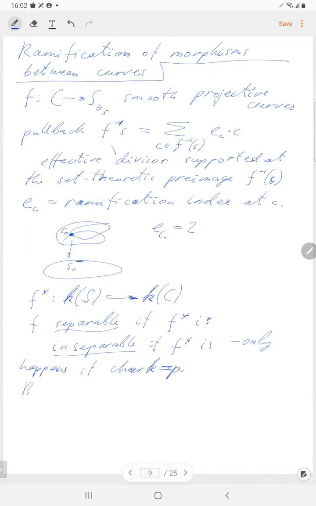So by basic Galois theory, any F can be decomposed into a purely separable and a purely inseparable morphism.